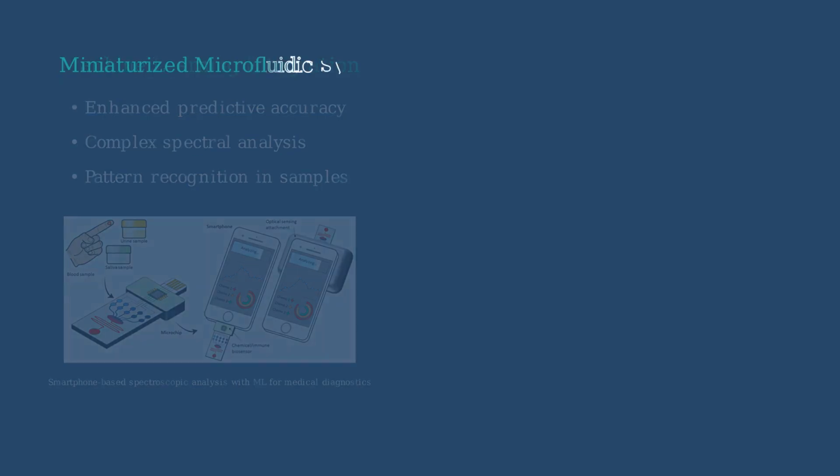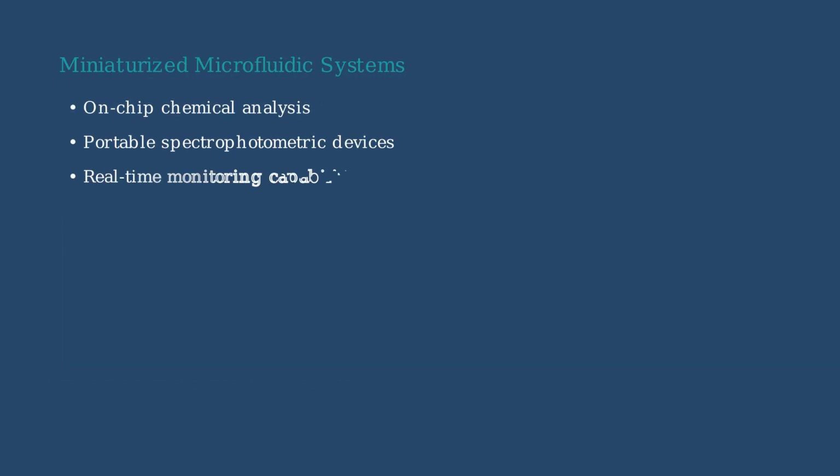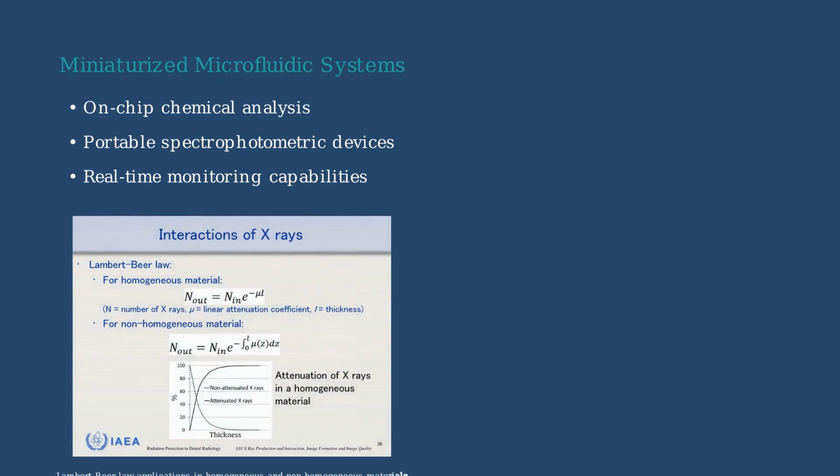The Beer-Lambert law is also being applied in miniaturized microfluidic systems for on-chip chemical analysis. These systems enable precise measurements of light attenuation through both homogeneous and non-homogeneous materials, following modified versions of the Lambert-Beer law.